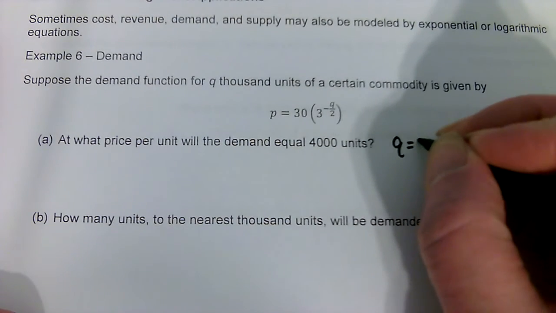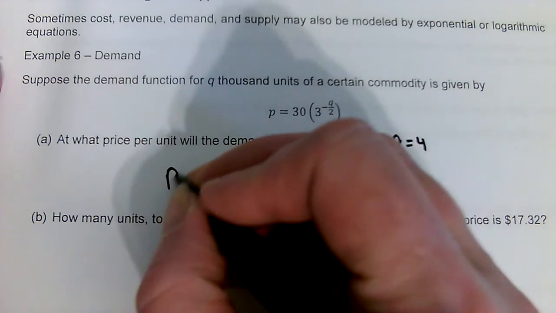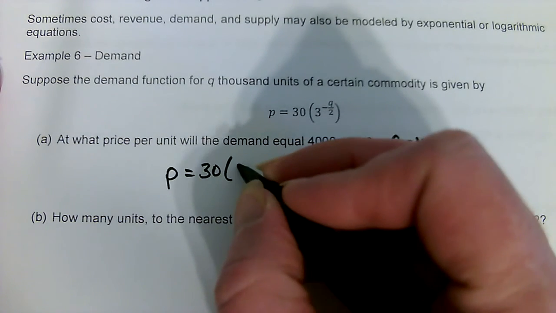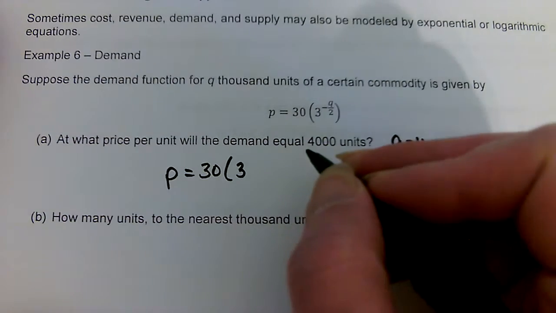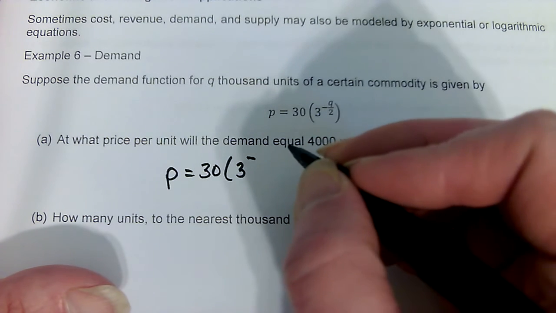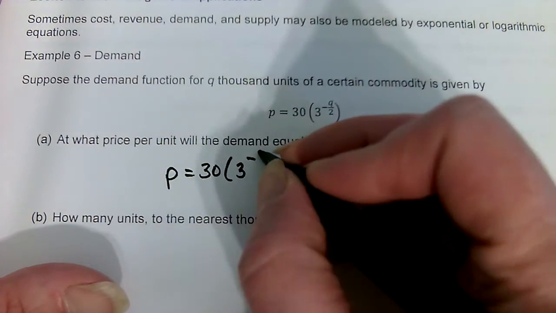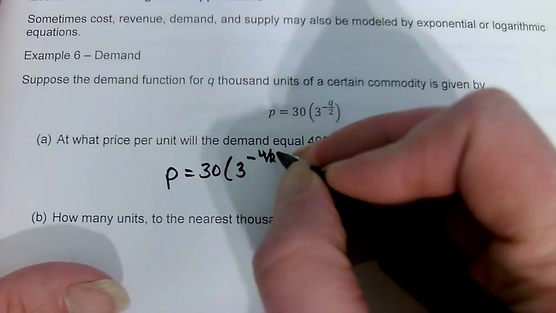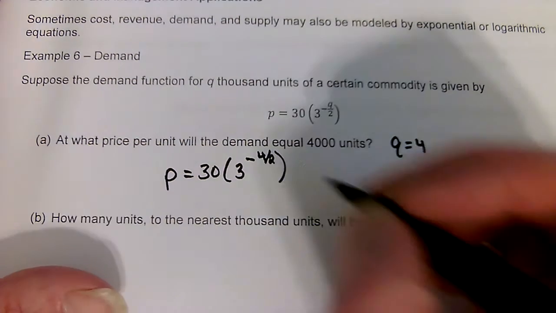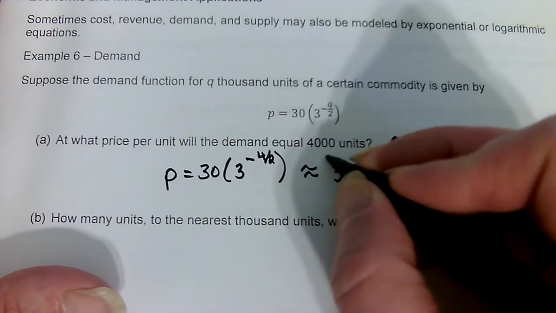So we're going to be plugging Q in as 4. So the price for 4,000 units would be 30 times 3 to the negative Q divided by 2, so 4 divided by 2. And we end up getting approximately $3.33.